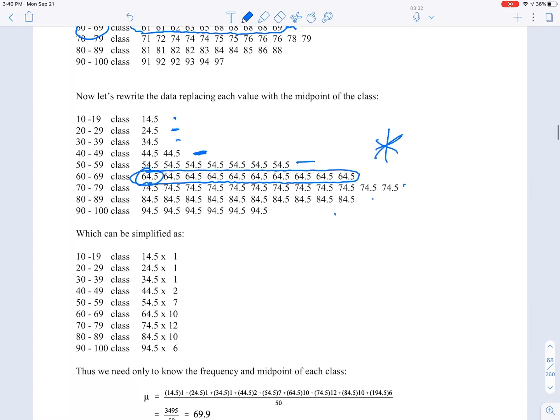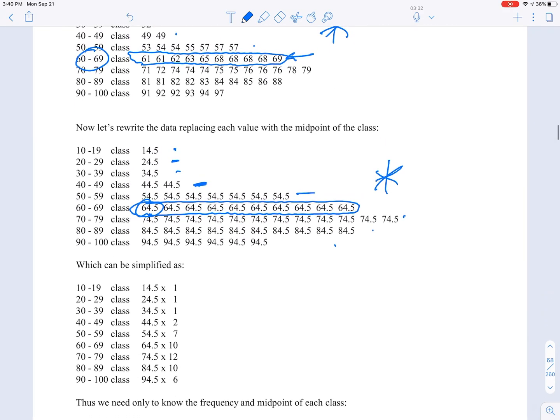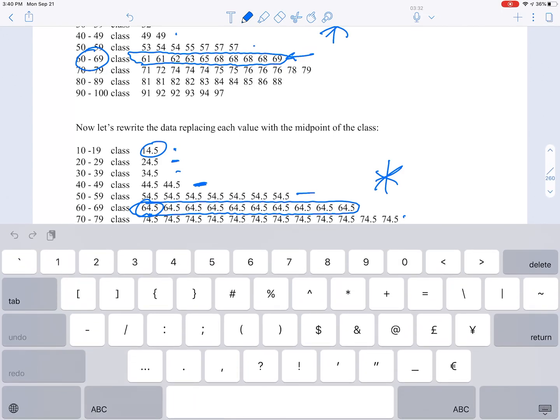So what that means is I've got 14.5. This is my midpoint or class mark, and this is my frequency. So there's one of those, one in the 20s, one in the 30s, two in the 40s, and so on. Those are the same two columns that you saw back in Unit G. And so we can go back there, what page was that on?